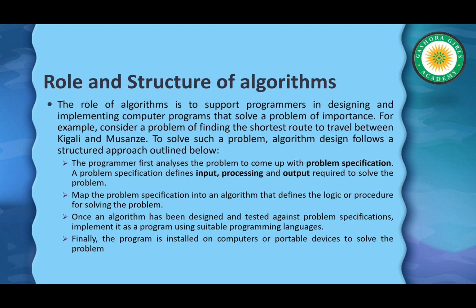So, the role and the structure of an algorithm. The role of an algorithm is to support programmers in designing and implementing computer programs that solve a problem of importance. For example, consider the problem of finding the shortest route to travel between Kigali and Musanze. To solve such a problem, an algorithm design follows a structured approach outlined below.